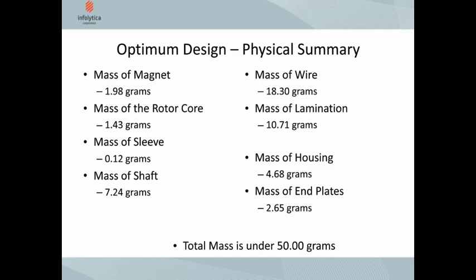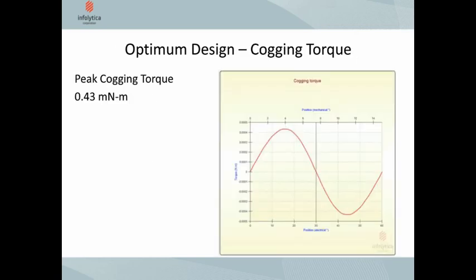Now, to give us comfort as we assess things, here's our cogging torque profile for this winner. You see the peak torque of 0.43 millinewton meters. Our back EMF constant for this machine is 1.165 volts per 1,000 RPM. And indeed, there are no higher order harmonics in the waveform.